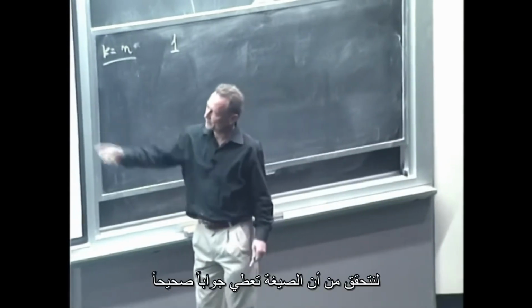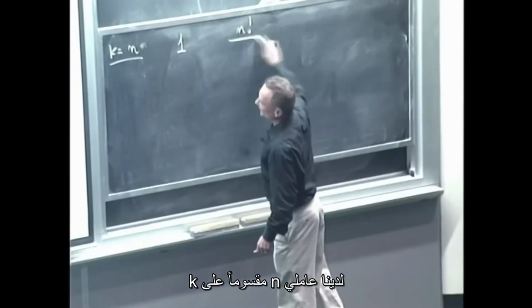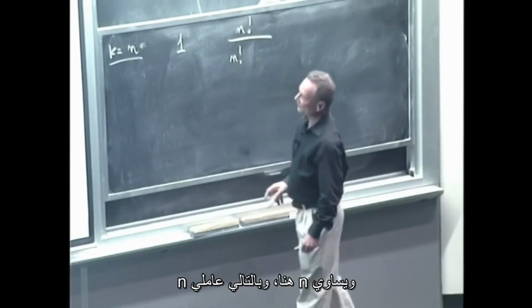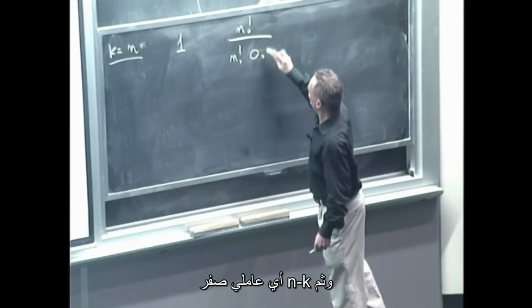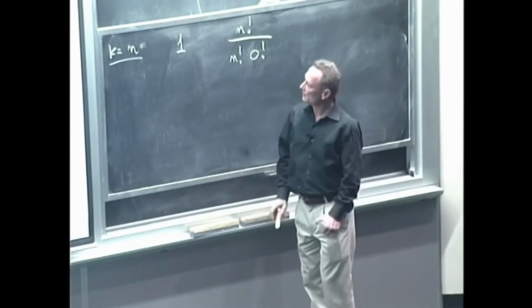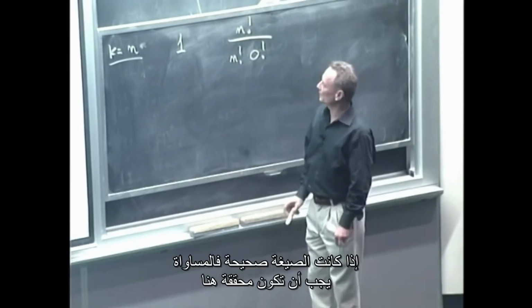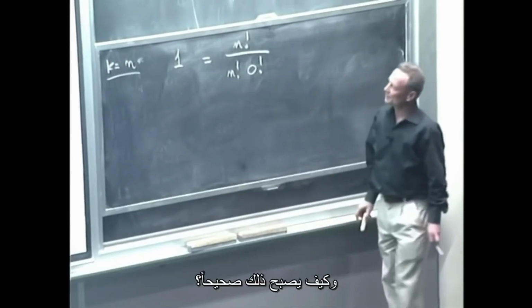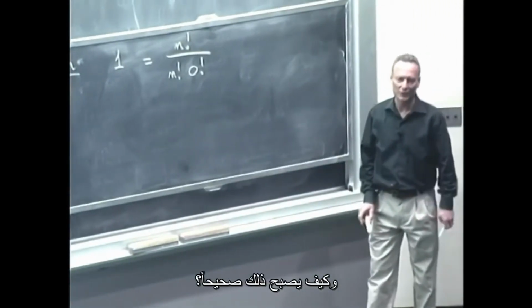Let's see if the formula gives us the right answer. We have n factorial divided by k factorial, which is n factorial in our case, and then n minus k is 0 factorial. So if our formula is correct, we should have this equality. And what's the way to make that correct?